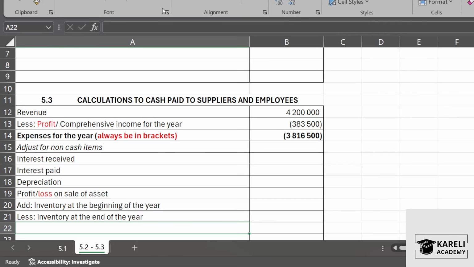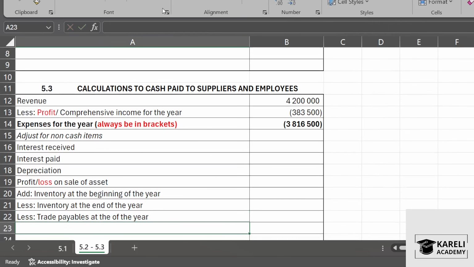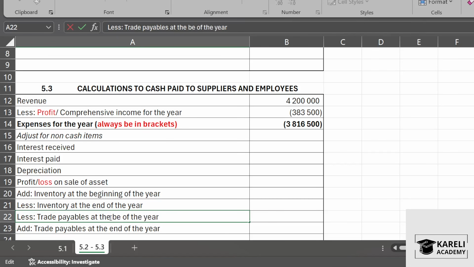Now, liabilities, the amount at the beginning of the year we less, and then we add trade payables at the end of the year. Do we see that?